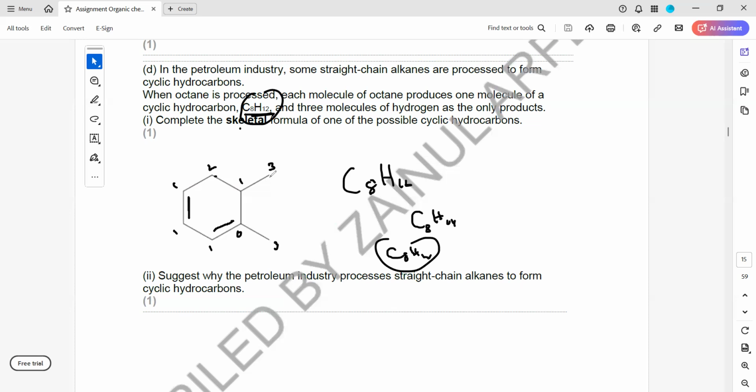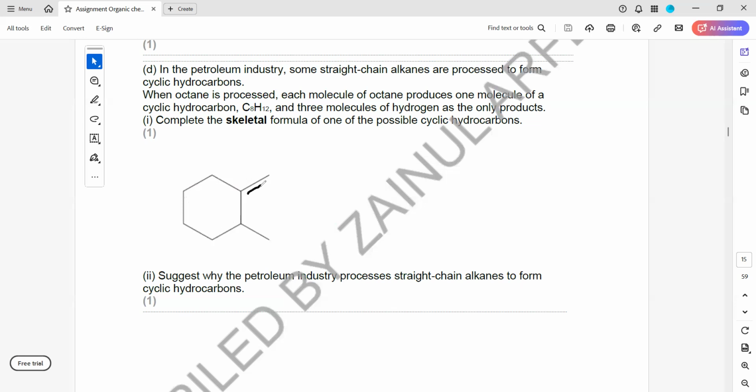Is it clear? I can even place a double bond at this one as well. Now this will have 2, and this will not have any. I can place one here as well, or here. This will have 2, 2, 4, 6, 8, 10, and 12.